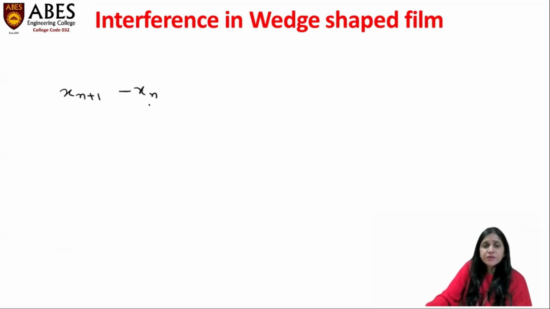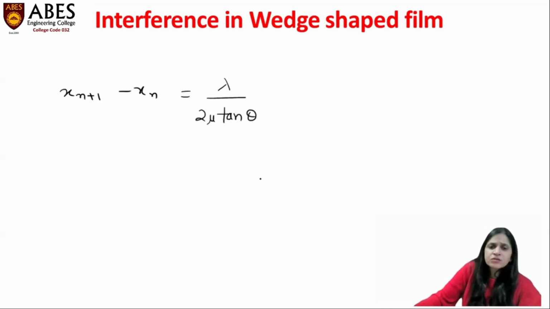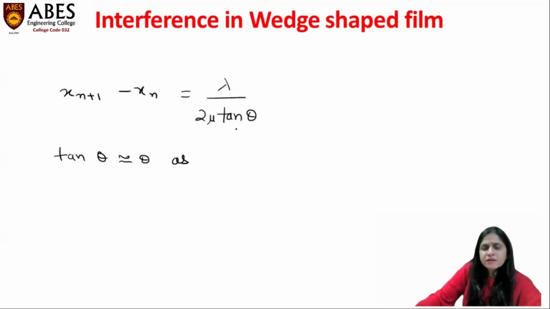We have to find out the separation between the two dark fringes. So what is the separation? xn plus 1 minus xn is equal to lambda upon 2 mu tan theta. And tan theta is nearly equal to theta, as theta is very small.